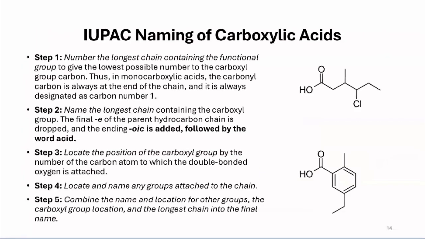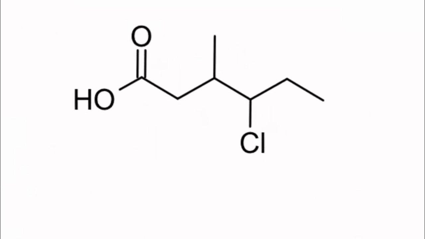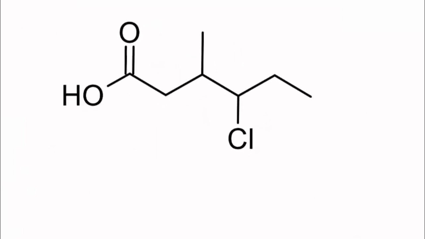Let's now proceed to learn how to name molecules that have carboxylic acids in their structure. You can see on the left side of the slide the notations on how to name carboxylic acids. I'm going to directly name the two molecules on the right side of the slide to outline the rules we see on the left. This is a straight chain carboxylic acid.